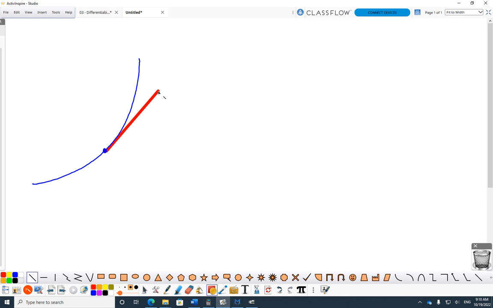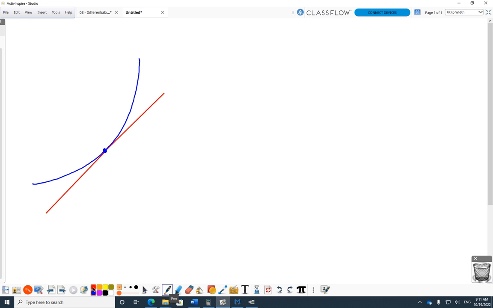Oh, that's too thick. I want a thin tangent so you can really see it. There's my tangent, drawn not as good as I wanted, just at that point right there. Slope of the tangent. That's what we're trying to accomplish. That's our big reason to be in calculus: find the slope of that tangent.